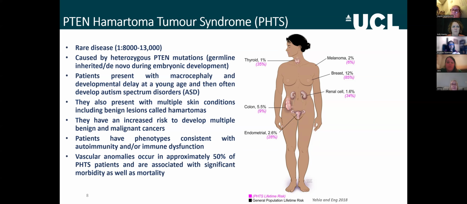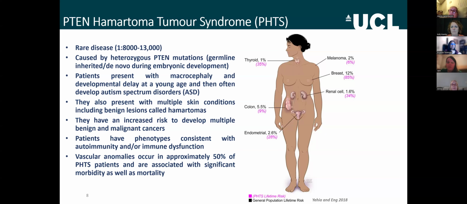We can then categorize them: loss of protein expression, loss of function in the nucleus, or loss of its ability to remove phosphate groups. Then we take patients with those categories of mutations and see if there's an overlap.